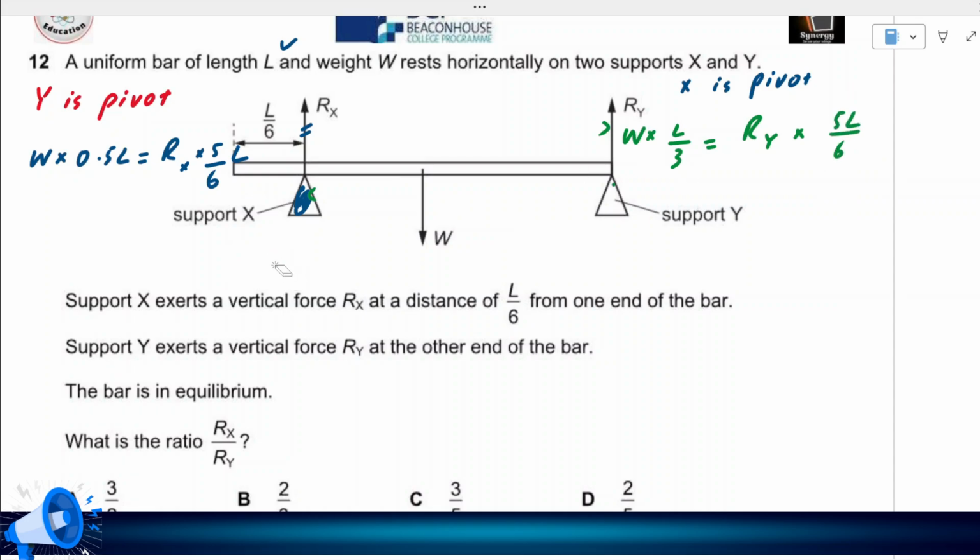Now I'll make Rx the subject in the first one. You see, length and length would be cancelled out. So if I make Rx the subject, it would be 0.5 times 6 times W divided by 5.